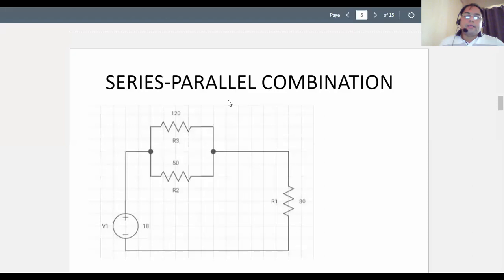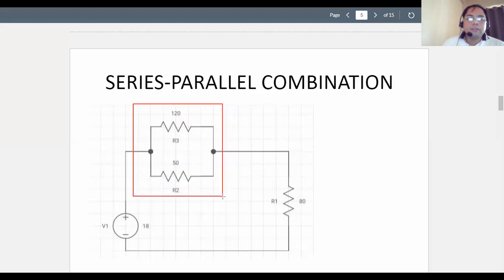Now, in our next slide, we are seeing a circuit that is a combination of series and parallel. Why do we call this a combination of series and parallel? Because obviously, if we look at this, these two resistances, R2 and R3, are not in series.